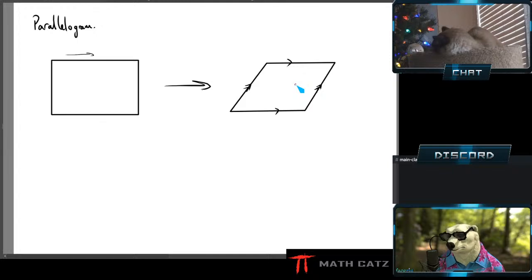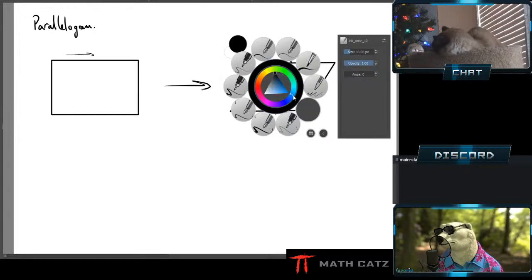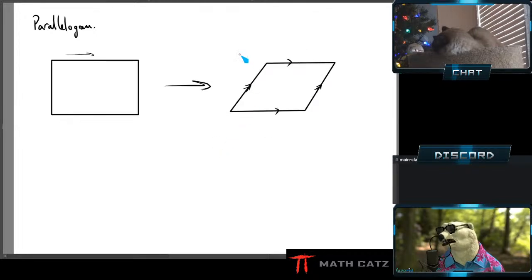I'll get this. Or what you could notice if I have a parallelogram, let's use some color, I have a triangle missing here. And that triangle is exactly the same as one I can cut out of the parallelogram.